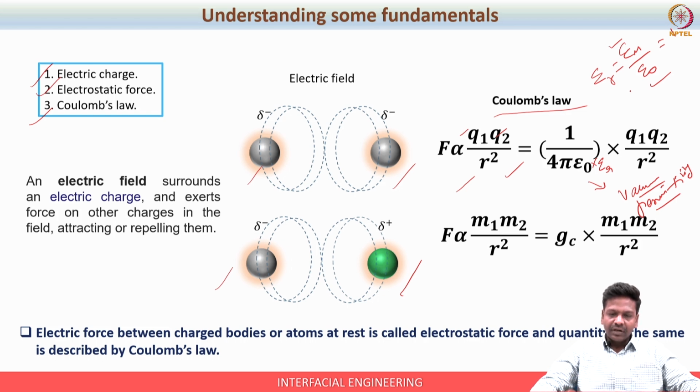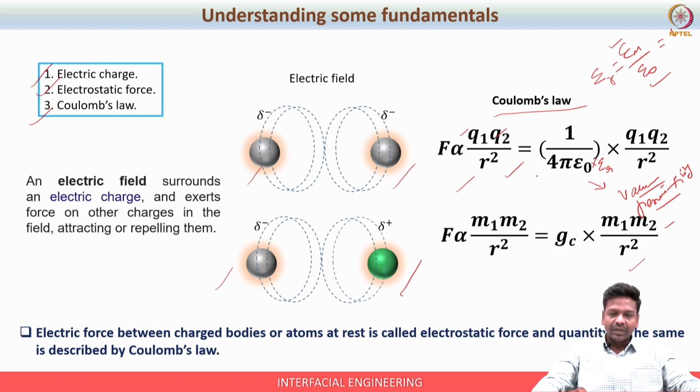If you look at this equation, it is analogous to Newton's gravitational force. Here it is also proportional to the masses of the two objects, m1 m2, and inversely proportional to the square of the distance.